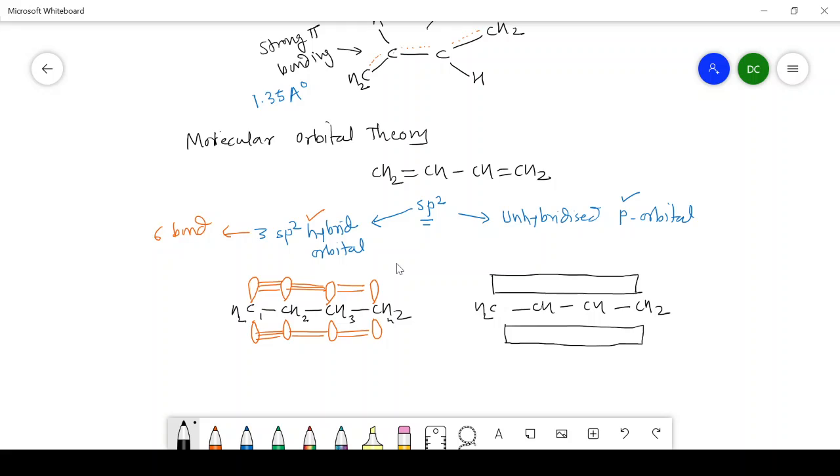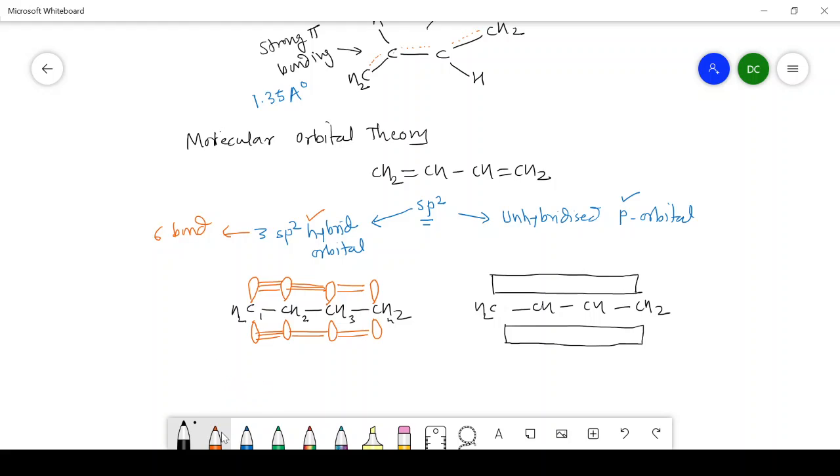Due to this, electron delocalization occurs all over the carbon chain, and due to the electron delocalization, the energy gets reduced, and that's why heat of hydrogenation is less as compared to the isolated dienes. And as heat of hydrogenation is less, 1,3-butadiene has maximum stability compared to isolated dienes.